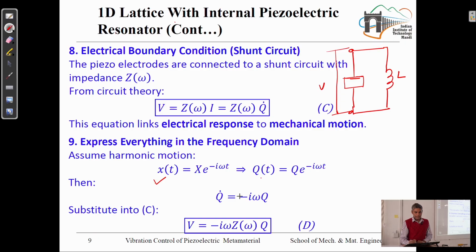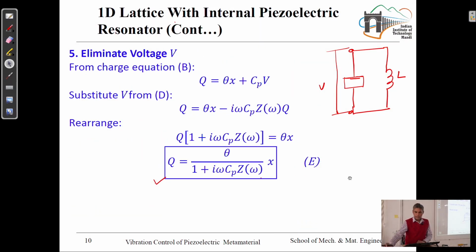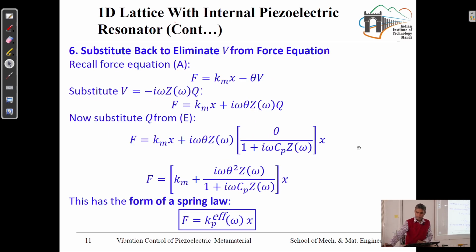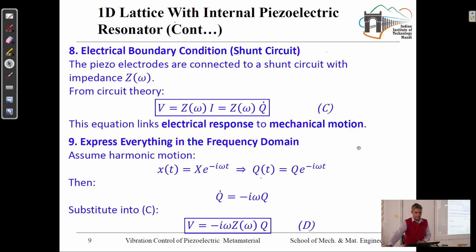Put the value of Q dot in equation number C, and we have equation number D.